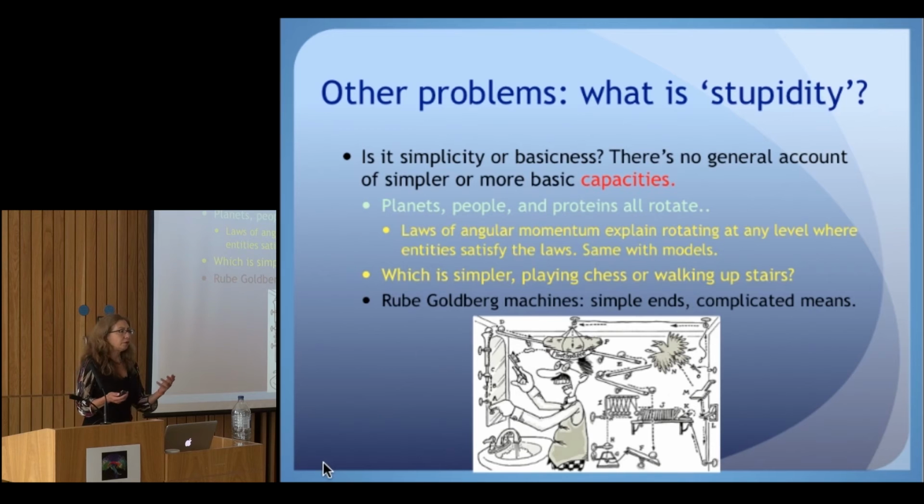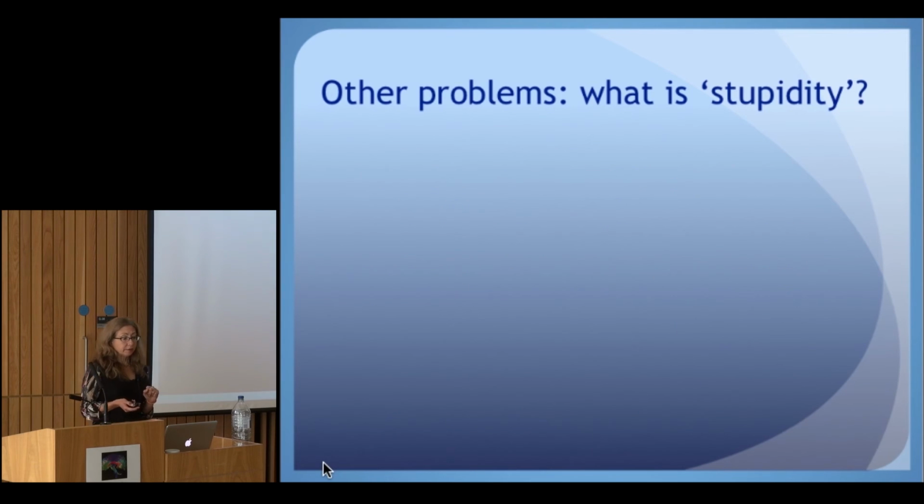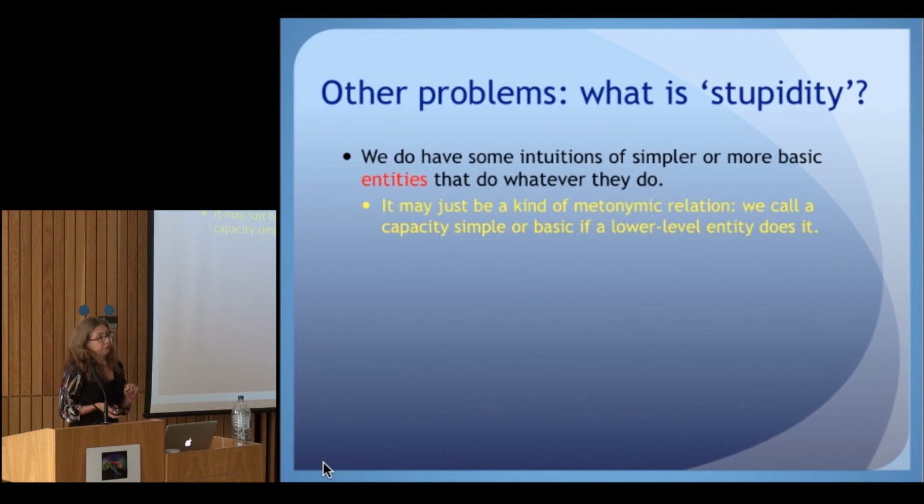So how do we get this simpler, more basic? Where are these intuitions coming from about classifying particular kinds of processes as being more basic or simpler, since they appear at all different levels of complexity? We can explain them with more or less complexity, and even our intuitions don't tell us clearly which is simpler than something else. Our intuitions about capacities are really not clear in terms of simplicity and basicness.